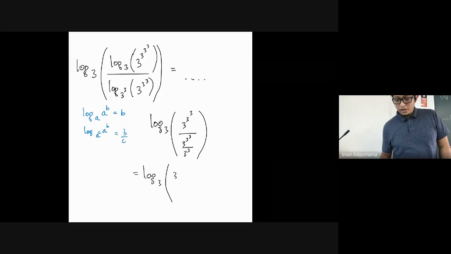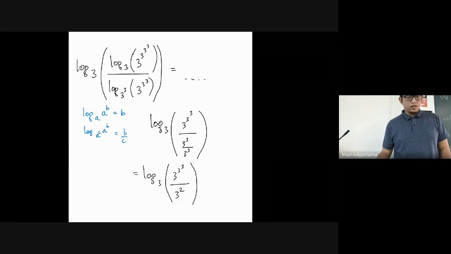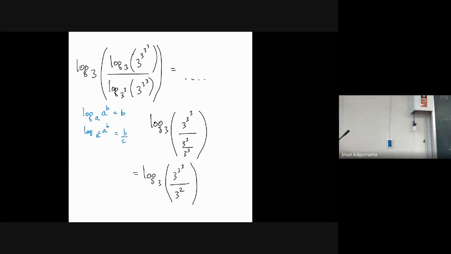This is 3. And this is, wait, it's too many 3 here. Sorry. Should be there. So it will be 2, right? Do you understand up here? Got it under here? Okay.